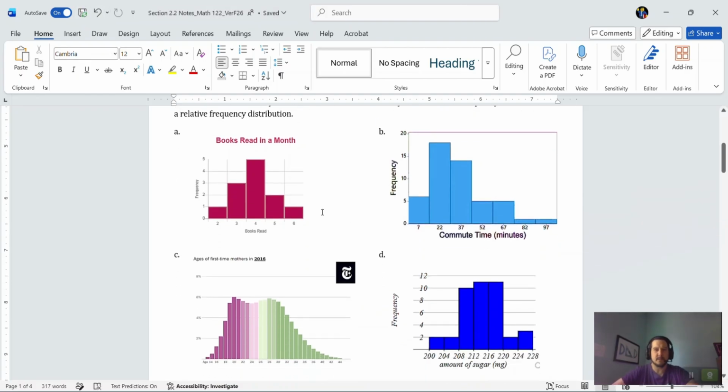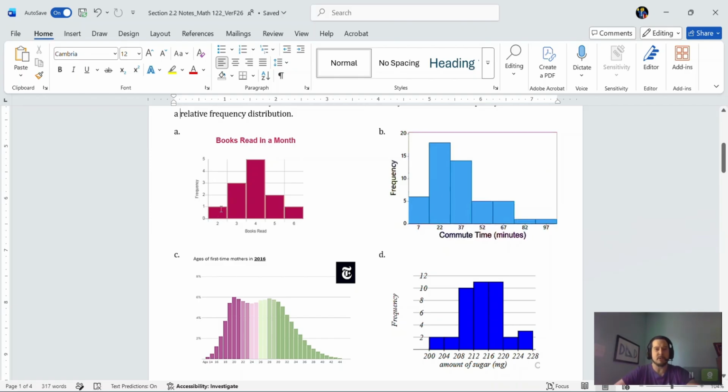Okay, so these two graphs right here come from our textbook. This is a histogram for books read in a month. And you can see the horizontal scaling uses numbers. And then we have books read. And so, maybe a person read 2 books in a month. Maybe a person read 3 books, 4 books, 5 books, or 6 books. And then the vertical axis is the frequency. And so this gives you an idea of the sample size.